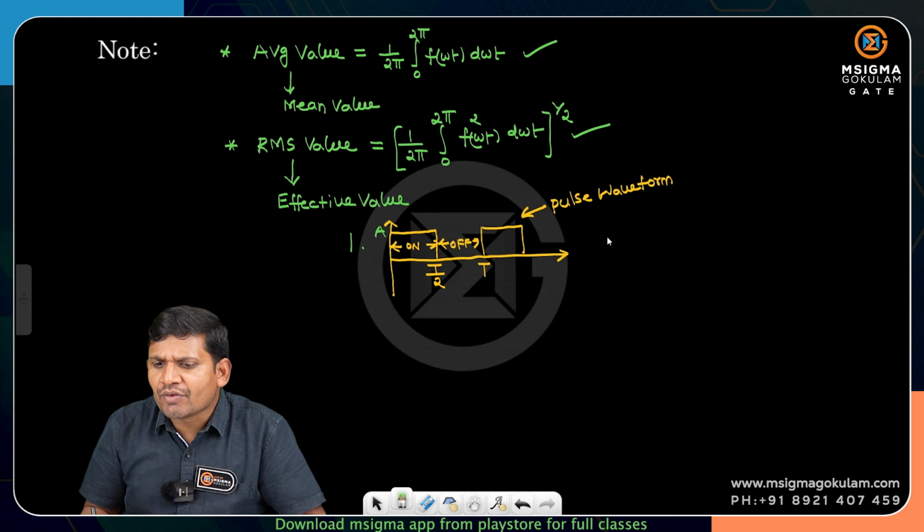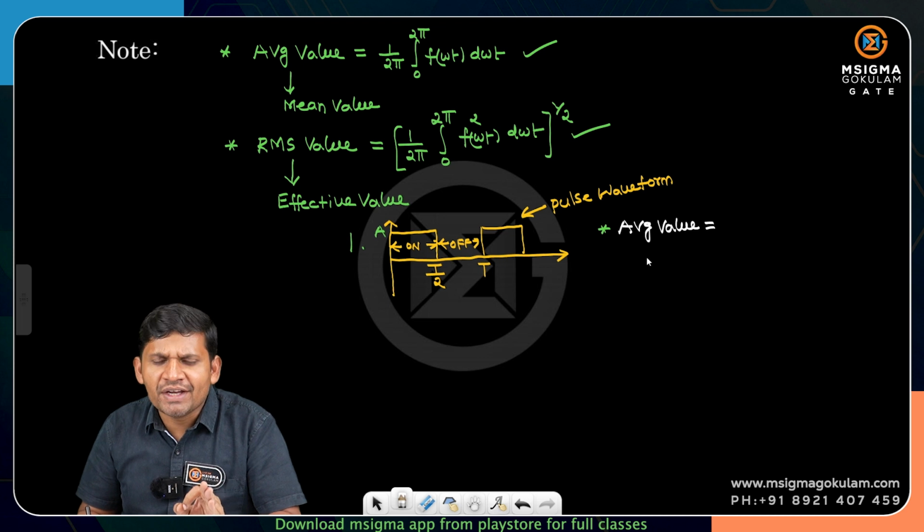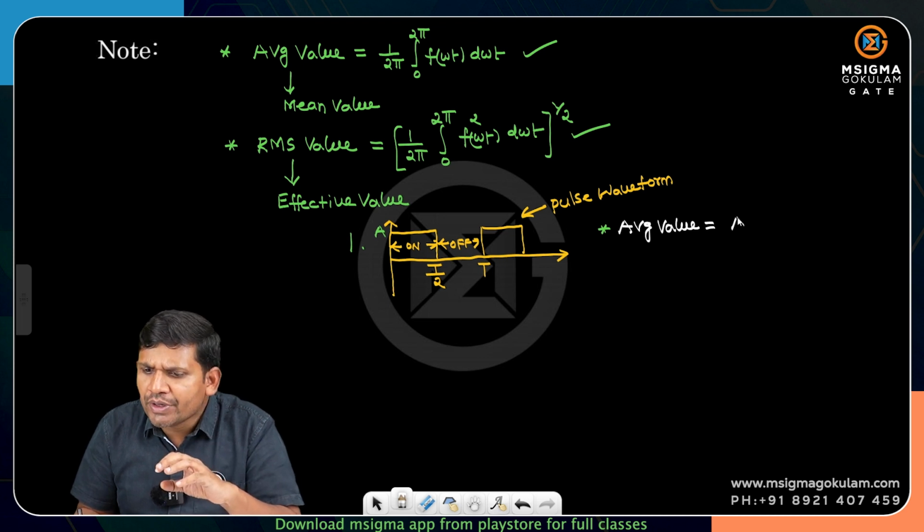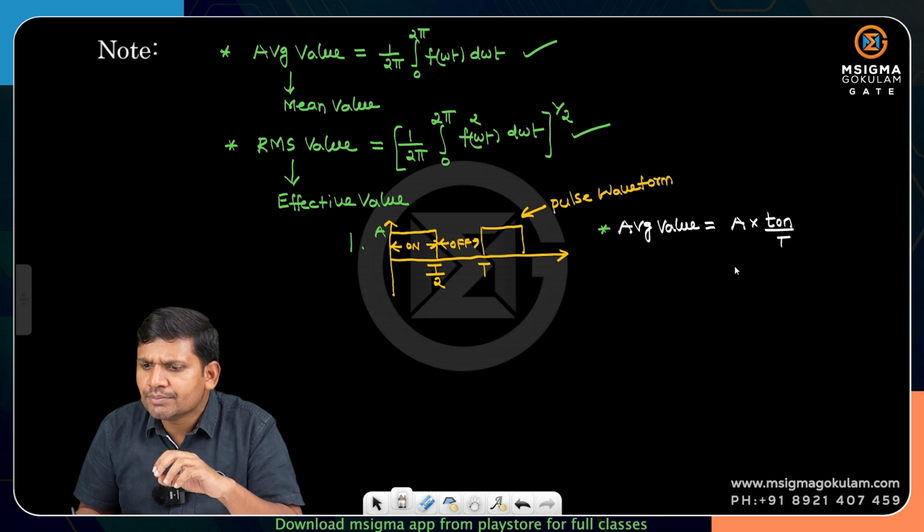Then how to find the average value? You can calculate like this. The average value equals amplitude into, no need to go for integration, directly you can write amplitude into on time by total time period.